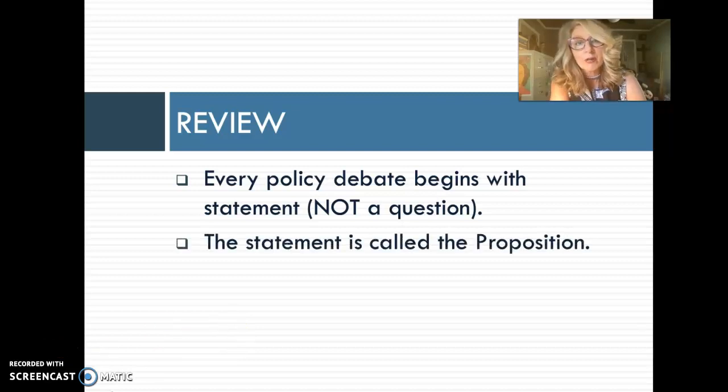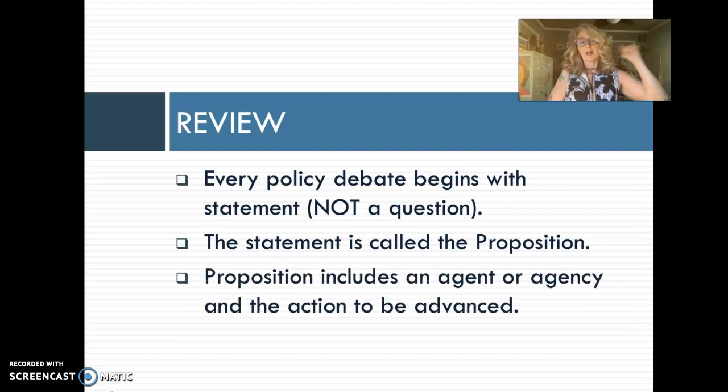The statement, as you know, is called a proposition. We've been working on those. What is a proposition? Finally, the proposition includes what we call an agent or agency and the action that's supposed to be advanced. So who's supposed to do it?